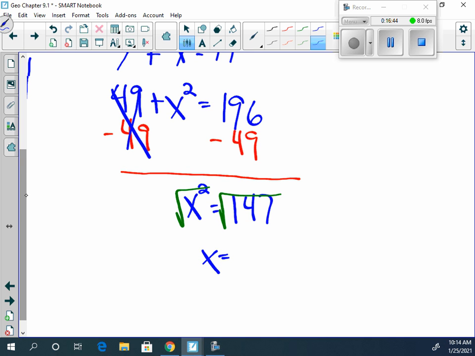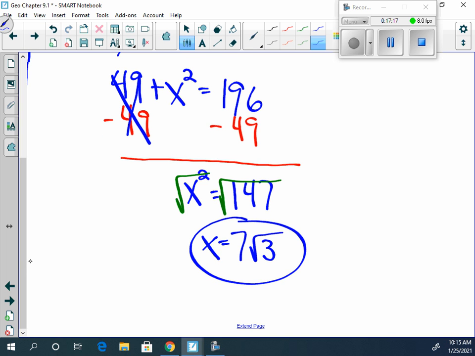And when we square root both sides, the TI-30XS will simplify these radicals for us. 7 square root of 3. I have a feeling that the Big Ideas Math will also take square root of 147.